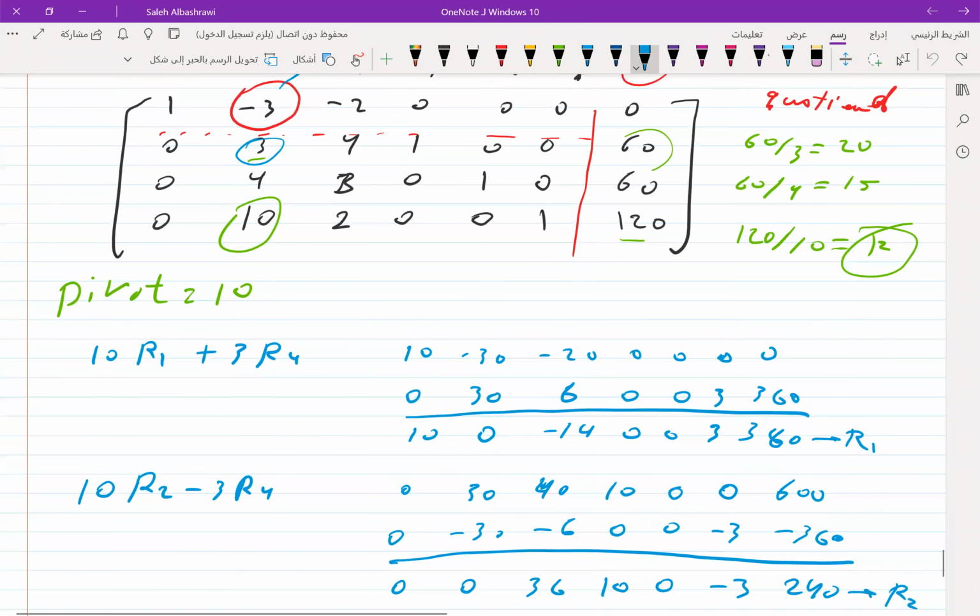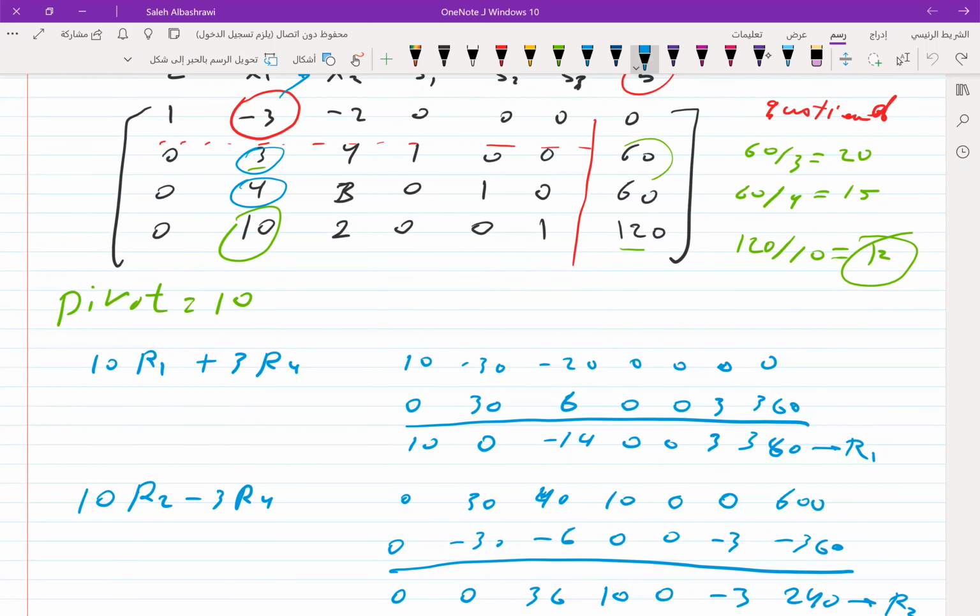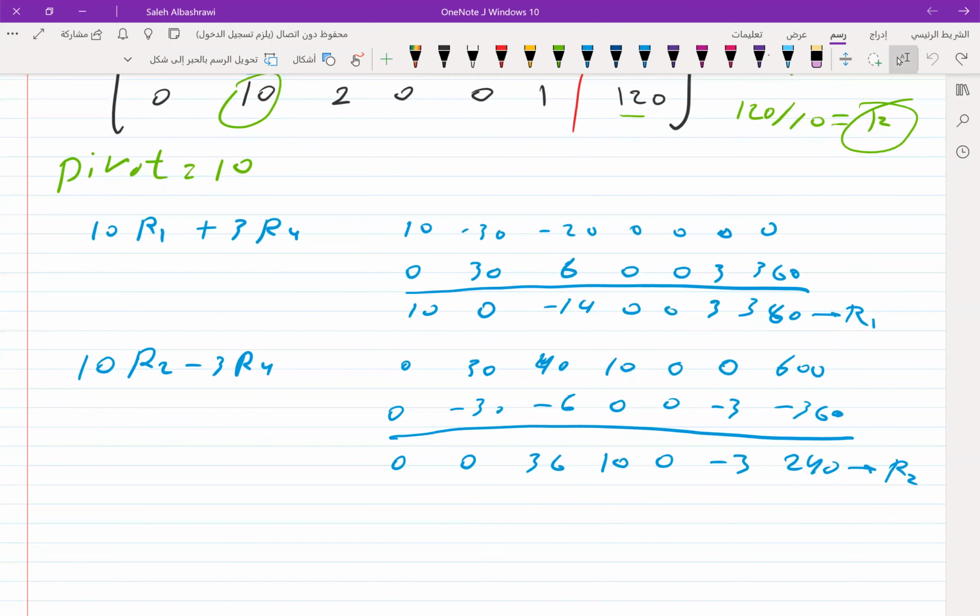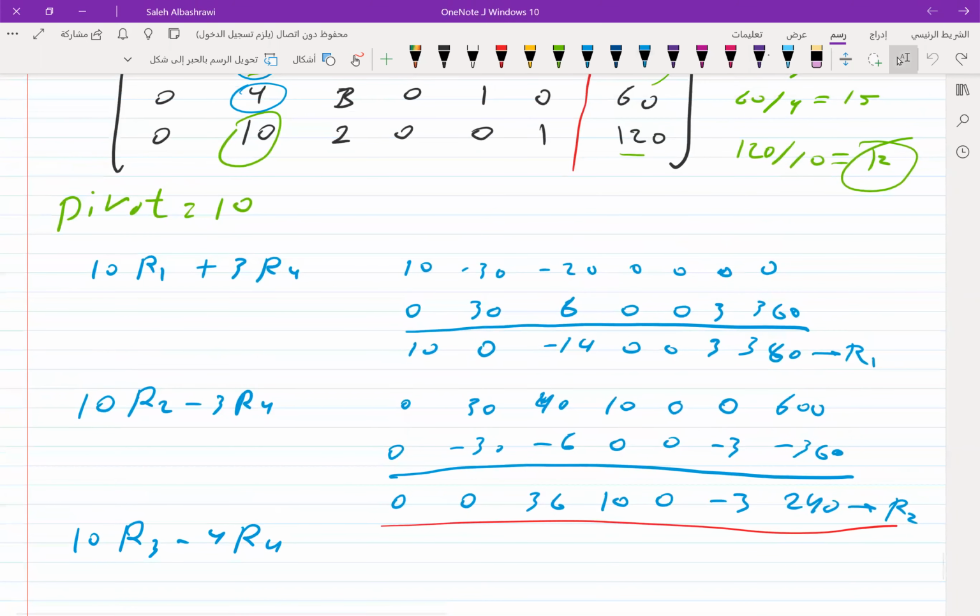Now for the third row, which is 4, I need to make it equal to 0. I multiply the third row by 10. It is 10 R3 minus 4 R4. Multiplied by 10, I will have 0, 40, 30, 0, 10, 0, and 600.